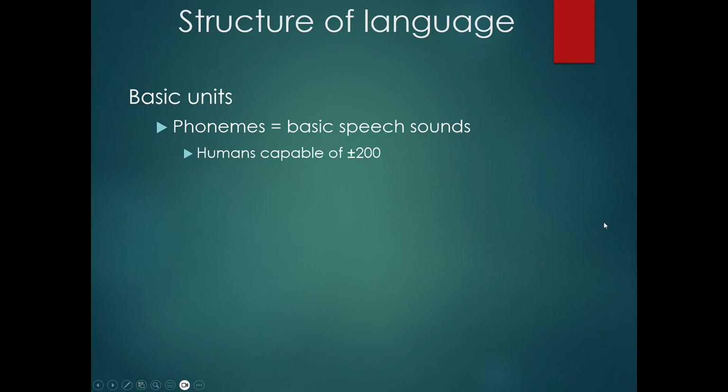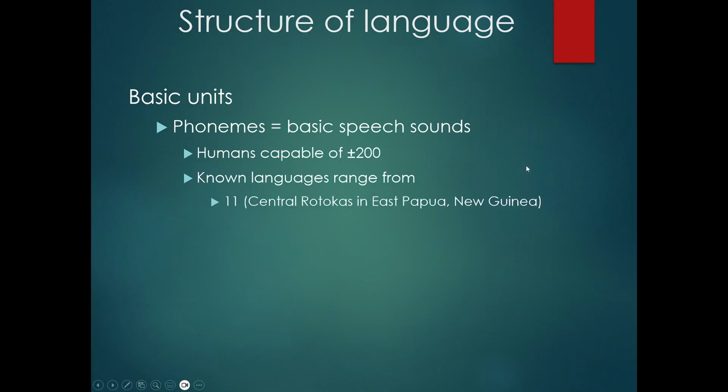Humans, with that structure that we were just looking at between the soft palate, the teeth, the lips, the tongue, the vocal cords, we are capable of making about 200 different speech sounds. The known languages that humans speak, and there might be some language out there that is currently being spoken somewhere and we just don't know, or it may have died off previously, but known languages range from as few as 11 speech sounds, 11 phonemes.